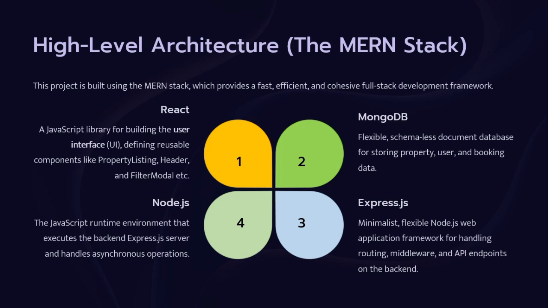Fourth, Node.js acts as the runtime environment for executing JavaScript code on the server. It handles requests and manages asynchronous operations efficiently. These technologies together form a powerful ecosystem where data flows smoothly from front end to back end and back, ensuring fast performance and scalability.